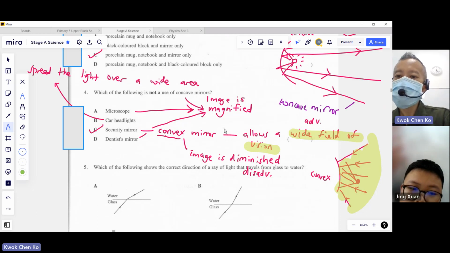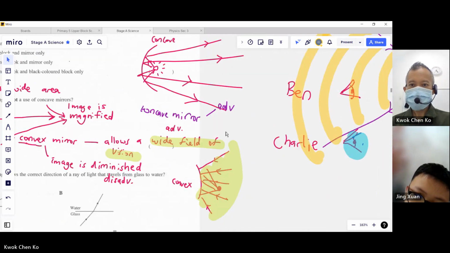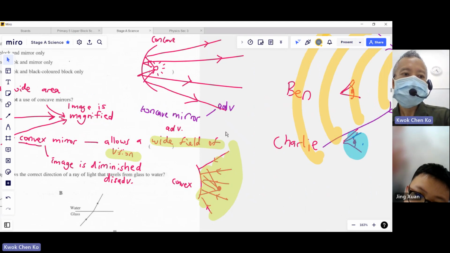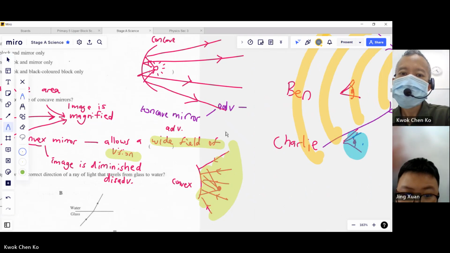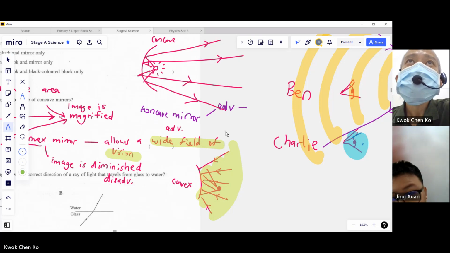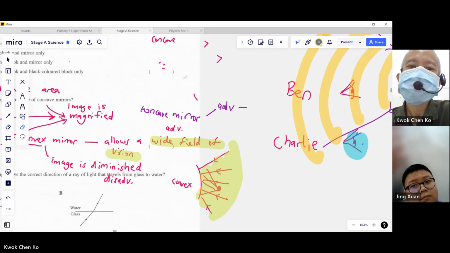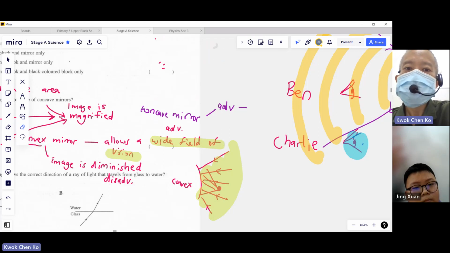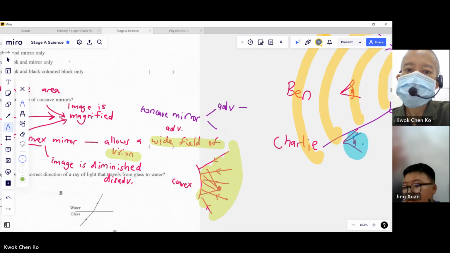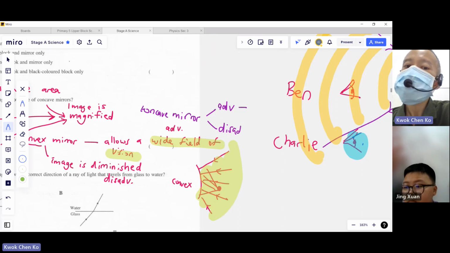So concave mirror advantage: tell me, what do you think the advantage is for a concave mirror? Yes, good. Image is magnified, and of course, the disadvantage. All right, so what I'll say is, it's a narrow field of vision.